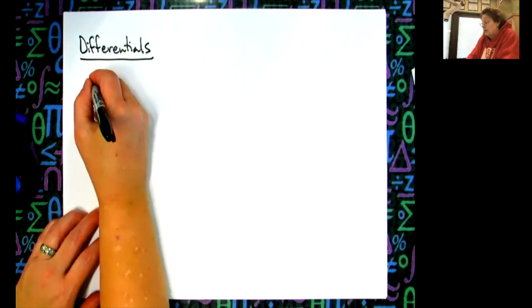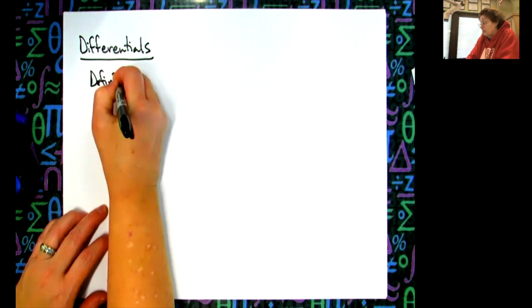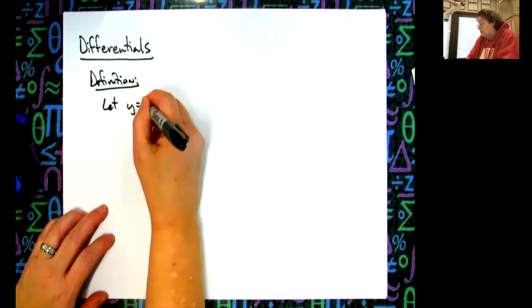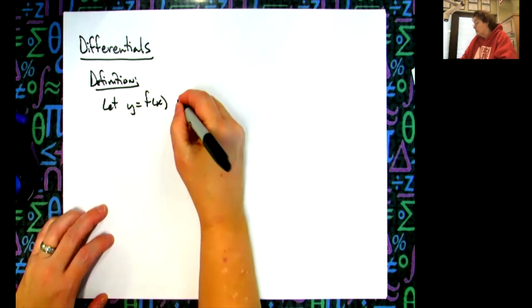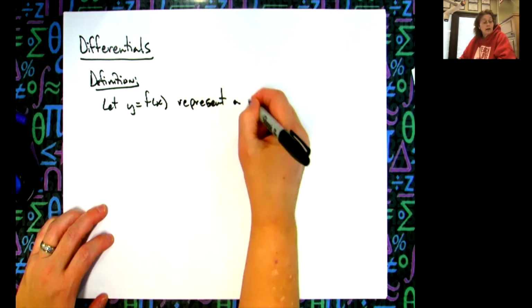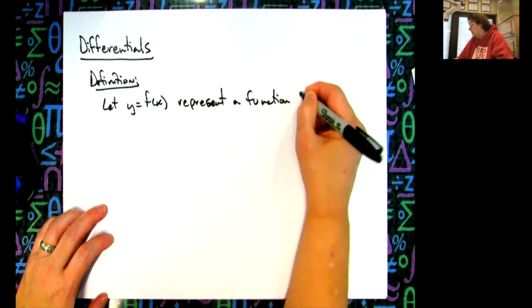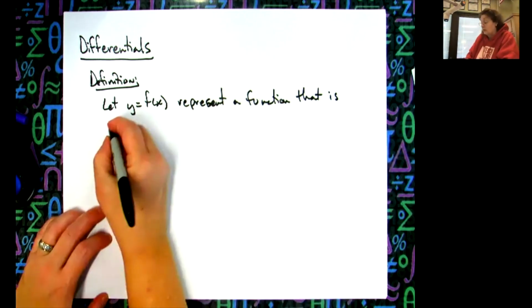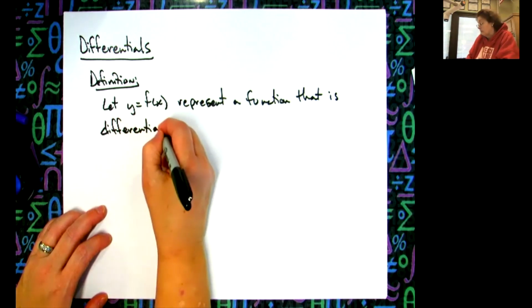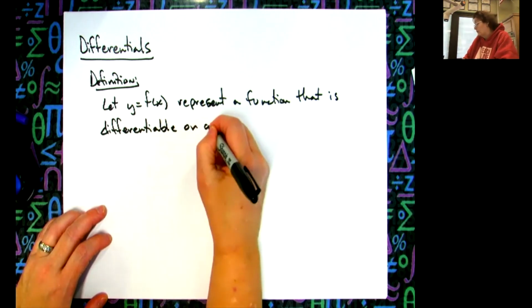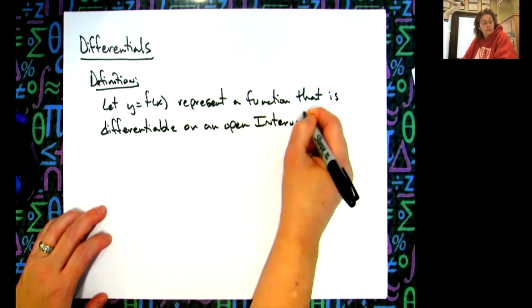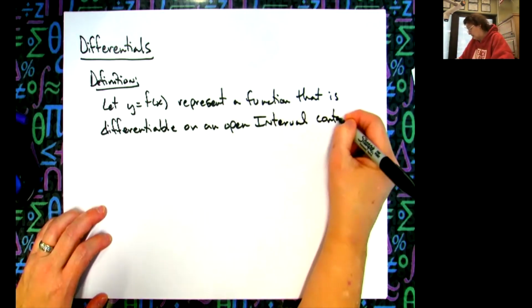So for a definition: we're going to let y equal f of x represent a function that is differentiable on an open interval containing x.